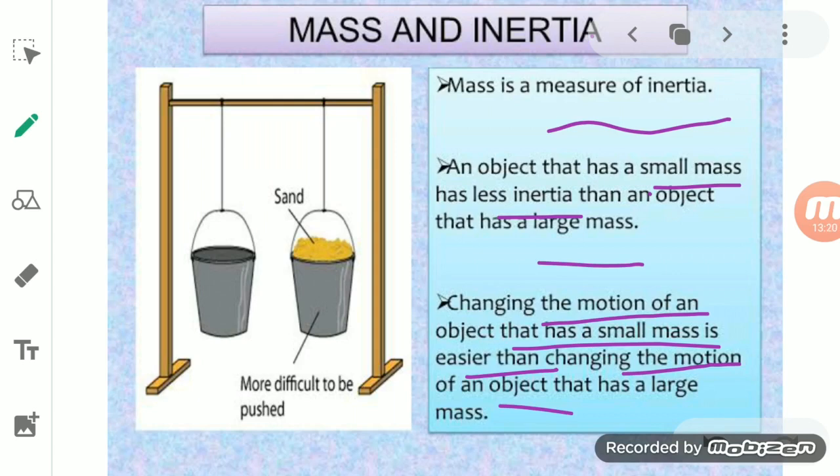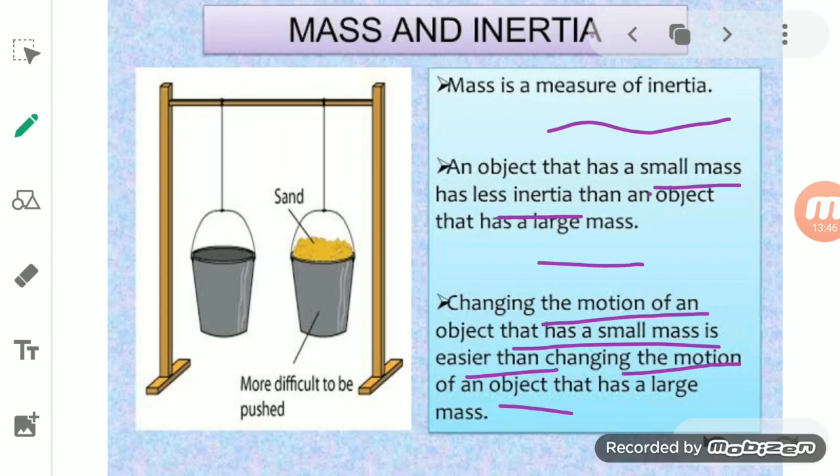There are a lot of examples by which we can understand this. Like if a stone is there, a stone has a greater inertia than a football. If we kick a stone, it will not move, and it is because the stone has a high inertia.